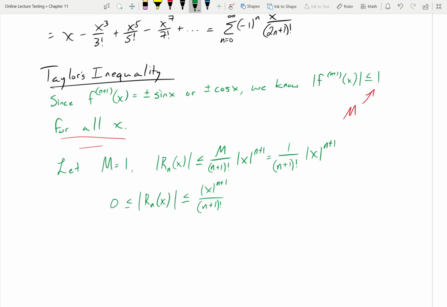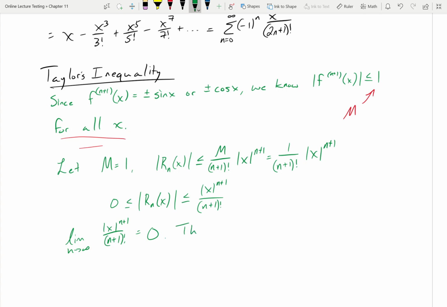So we take the limit as n approaches infinity of the absolute value of x to the n+1 divided by (n+1) factorial. And this guy we've already established before goes to 0.